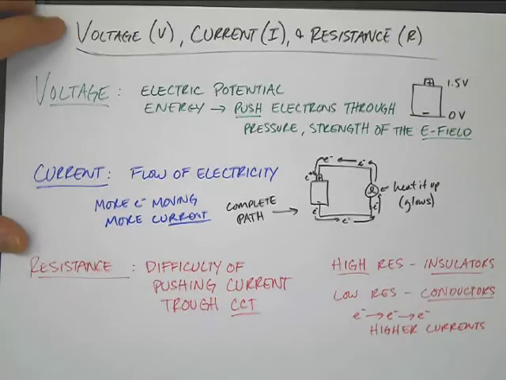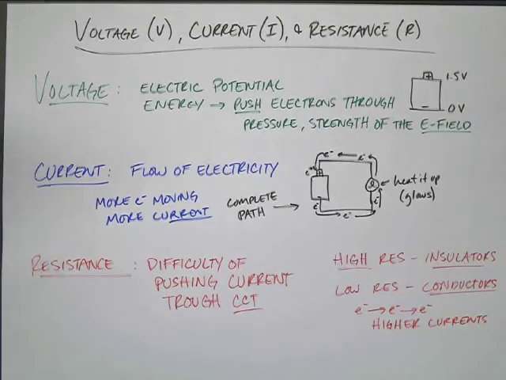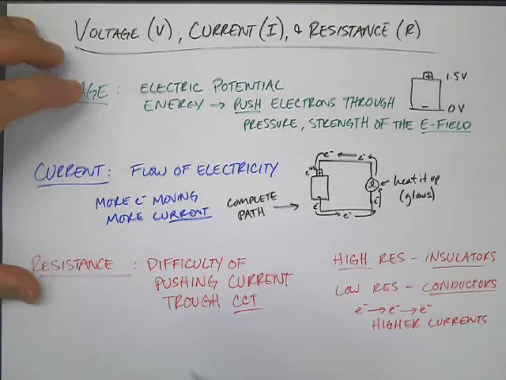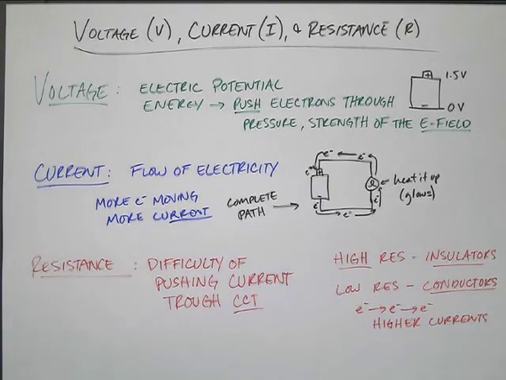So if we want to go back to the water analogy, current is like the water flowing down the waterfall. Resistance would be the impediments to allowing that flow to go through. So if you can think conceptually, something with a really high resistance, if you're trying to push current through it, you're not going to get as much. Whereas with a really low resistance, you're going to be able to push more current through.